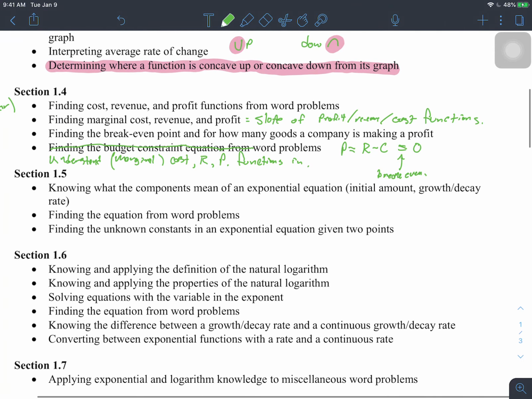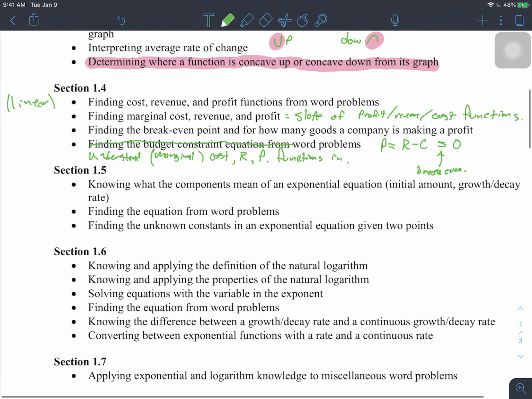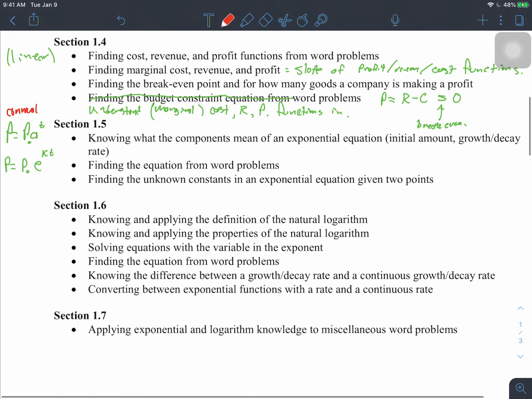Section 1.5, we started to learn about exponential growth and exponential decay. So we should be aware of the formulas P equals P naught a to the t, and P equals P naught e to the kt, where the top one we called annual growth, or monthly or daily or whatever.